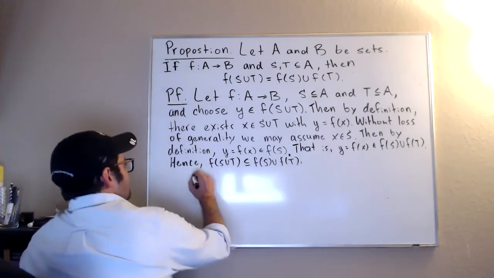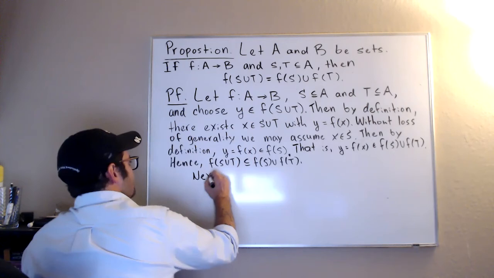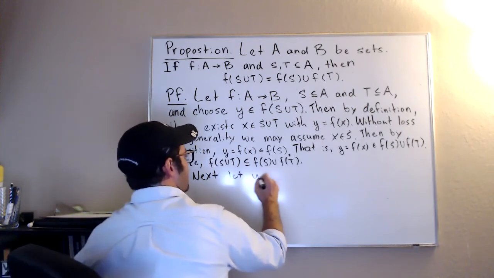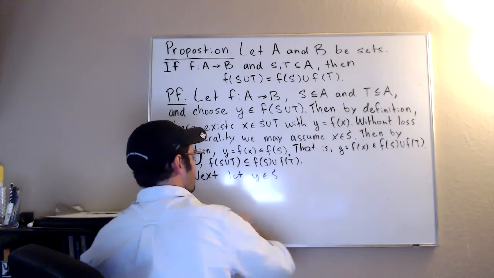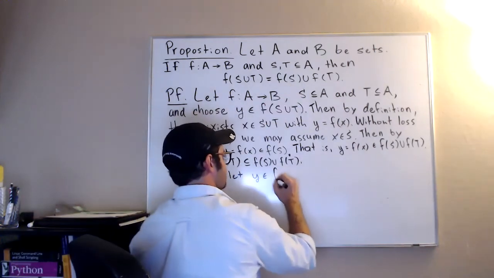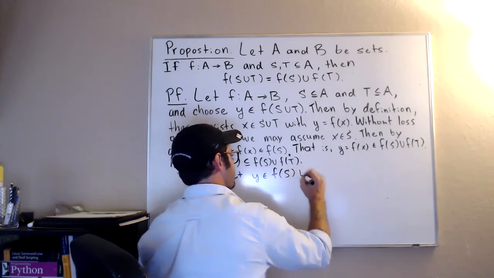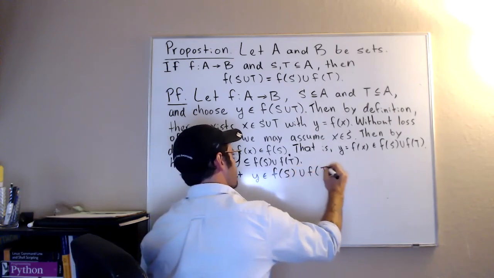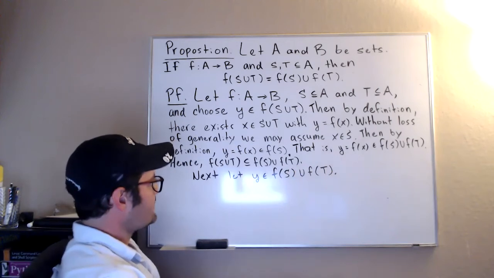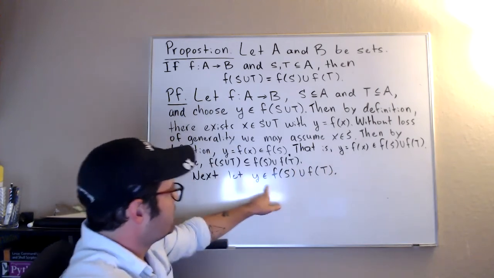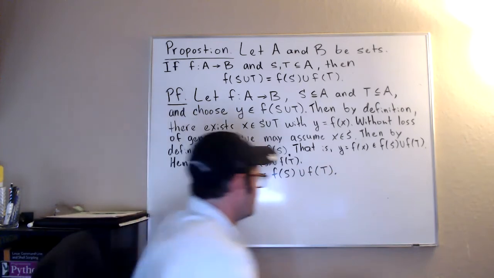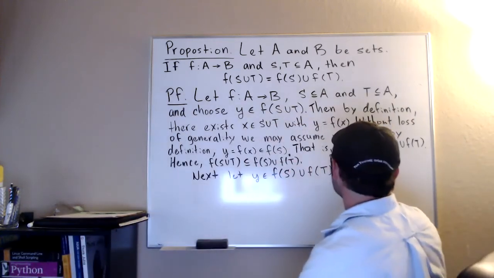Okay, so next, let y be an element of the right-hand side. Again, it's the union. We don't know which one of these sets it belongs to, so we use without loss of generality again.